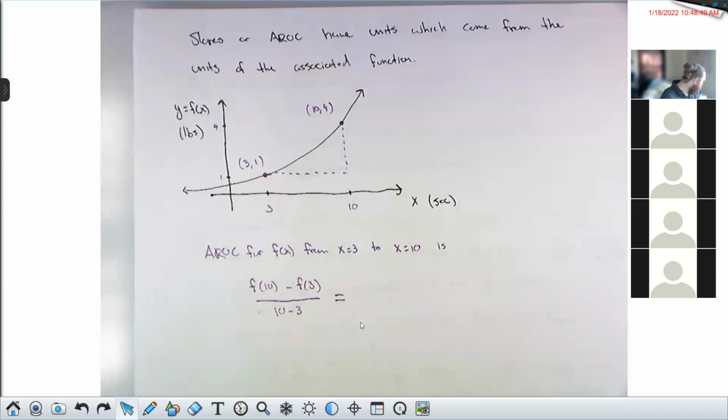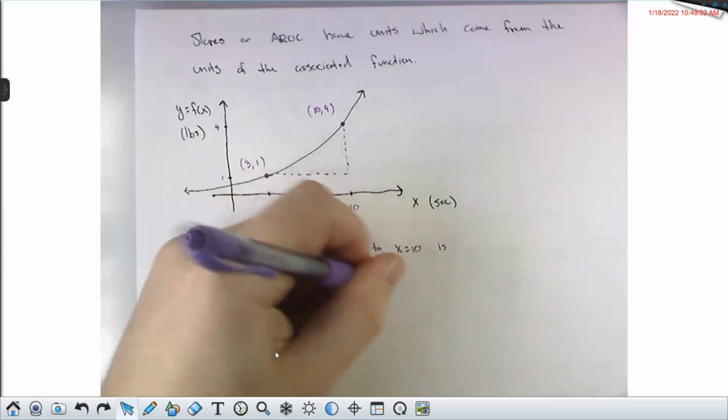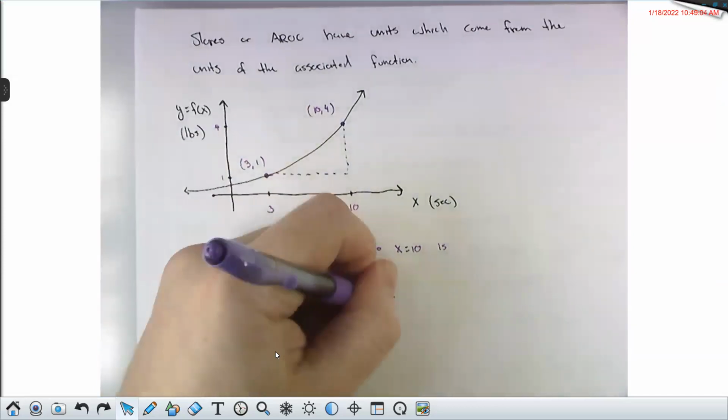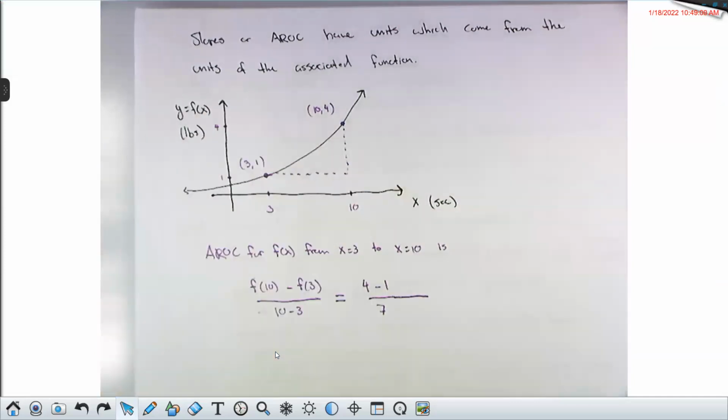Now we're just out of time here, so let's wrap this up quickly. What is f of 10? 4, very good. And what is f of 3? 1. Very good. This is 4 minus 1 divided by 10 minus 3. But here's the big point. That's 4 pounds minus 1 pound.